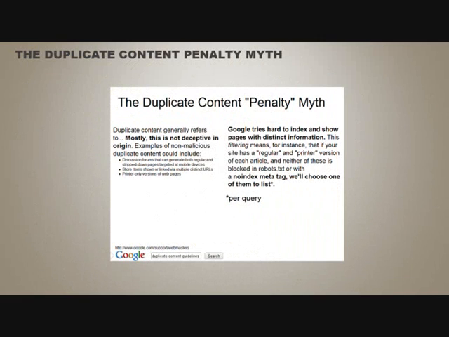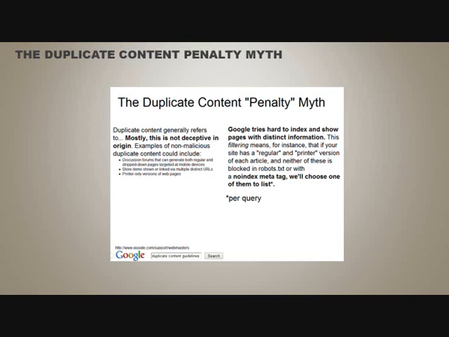Okay, and then you move on to the penalty myth. Is there a penalty for having this duplicate content? And what Google says is, there is no duplicate content penalty, but there is a filter, which means that when the keyword is typed in, Google's going to take one of those pieces of content to show in the listings.